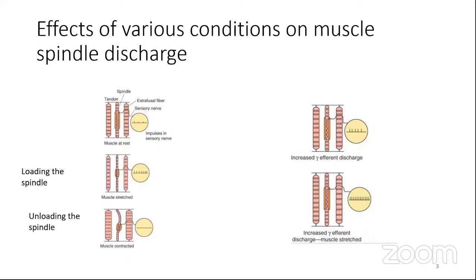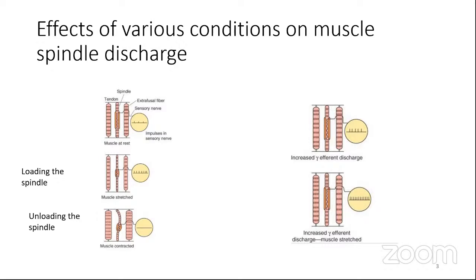Therefore, the spindle activity becomes almost zero. So there are no impulses coming from the afferent nerve endings of the spindles. That is when the muscle is contracted. This is known as unloading the spindle.